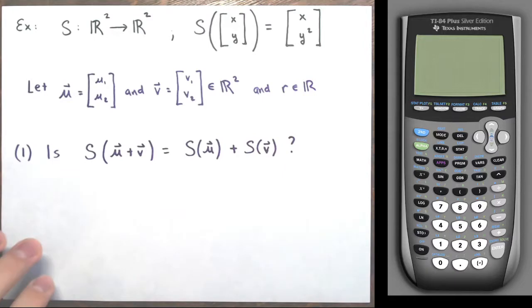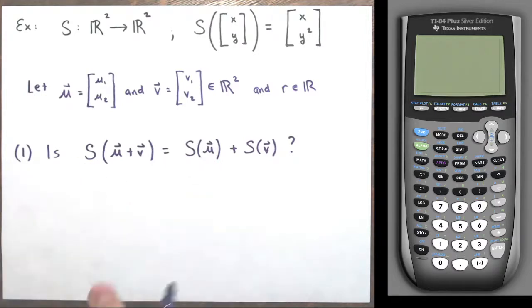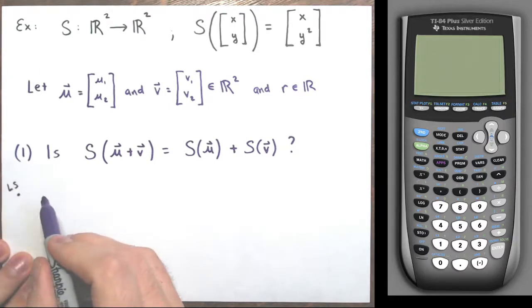Just as I did in the previous example, I'm going to work with one side at a time, because we can't assume they're equal. I don't know that they're equal. So I'll work with one side and then see if they actually end up being the same thing. The left side, I'll just put LS for left side.